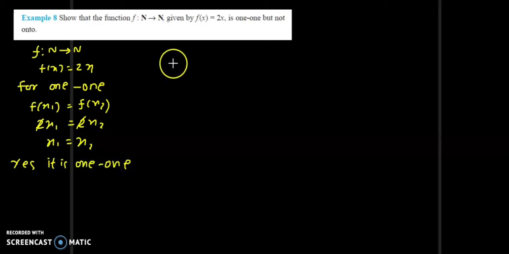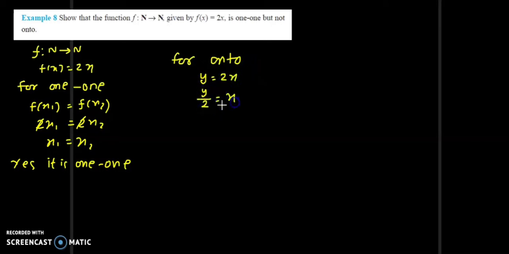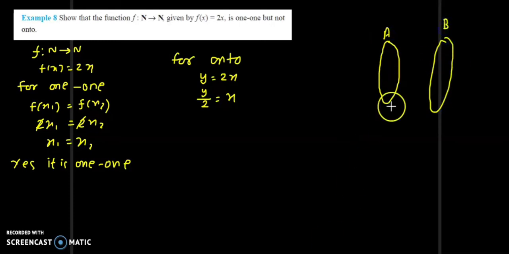Now for onto. It is given y equal to 2x, which means y by 2 is equal to x. If we take the arrow diagram, it is from set A to set B, and both have the natural numbers 1 2 3 4 and so on.